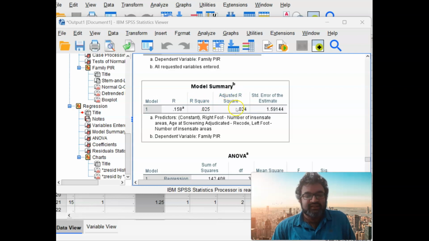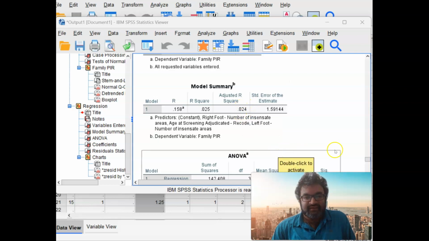And the adjusted R-squared, about 2.4%, which is 0.024, is attributed to the model. So the rest of it, 97% of this, is attributed to uncertain variance. So only 2.4% is adjusted variance.